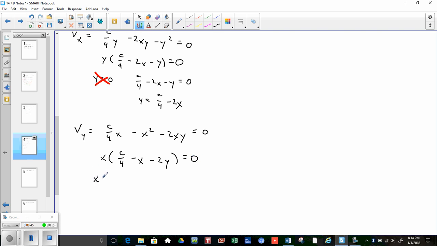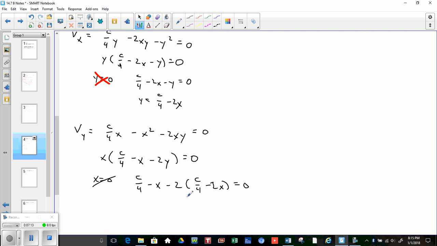Once again, the x equals 0 part right here doesn't even matter because that would minimize the volume. But the c over 4 minus x minus 2y equaling 0, that does matter. So we'll have c over 4 minus x minus 2, and then I'm going to plug that stuff in right there for y. So c over 4 minus 2x equals 0.